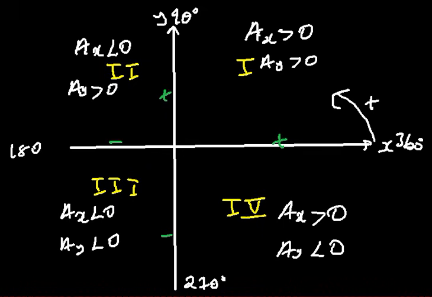And if the angles are measured in a clockwise direction like this, they are negative angles. So this will be negative 90 degrees, negative 180 degrees, negative 270 degrees, and negative 360 degrees.